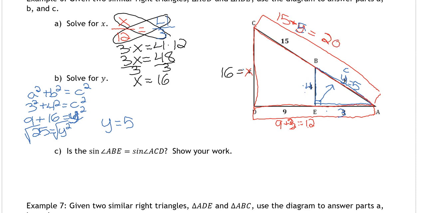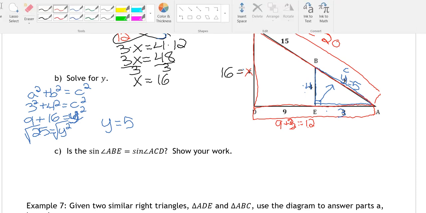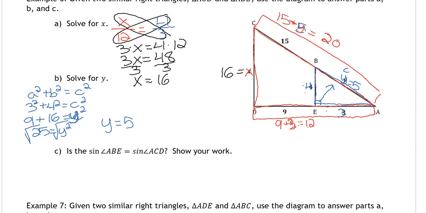Alright, the last thing I have to do for this problem is determine whether the sine of angle ABE equals the sine of angle ACD. Well, again, ABE is this smaller blue triangle. So again, I have my hypotenuse, the opposite side, my adjacent side.